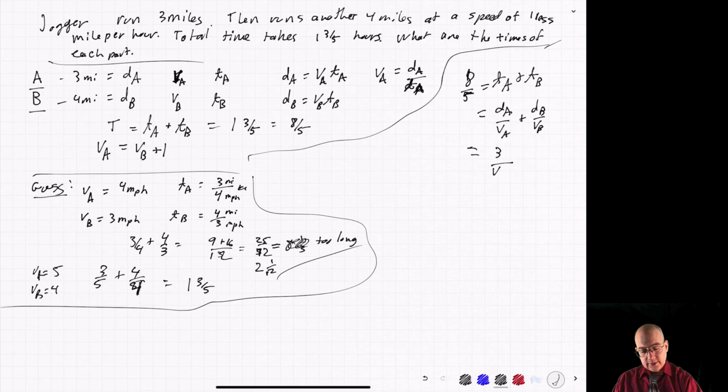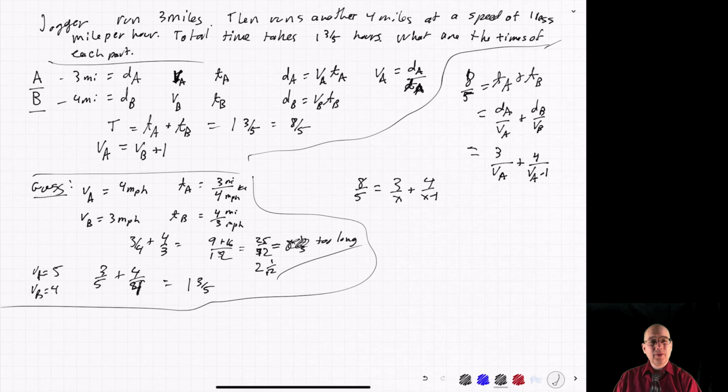And velocity of A is not known. The distance of B is known, that's 4. And dividing by the velocity of B, that's not known, but we know it's 1 less. So VA minus 1. So our problem is 8/5 equals 3 over x plus 4 over x minus 1.